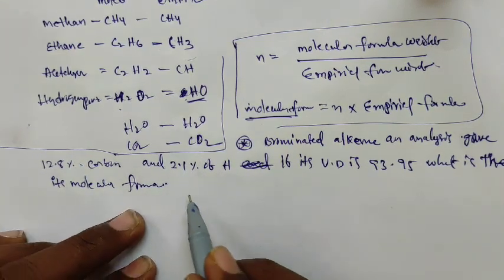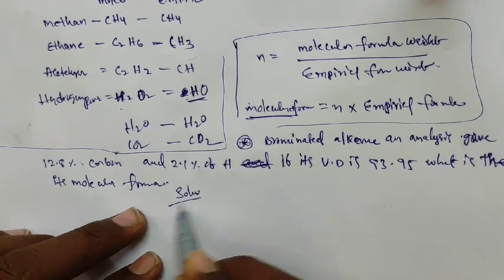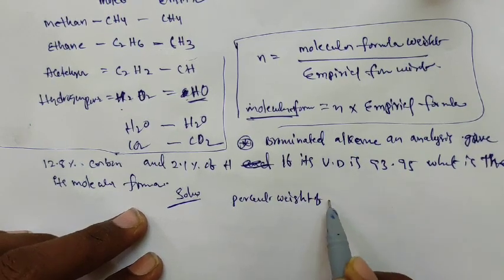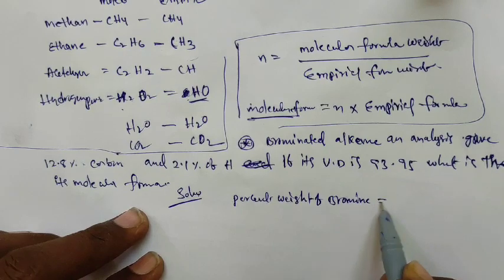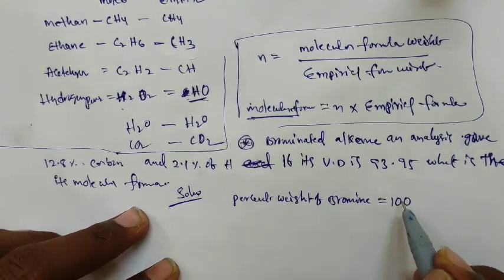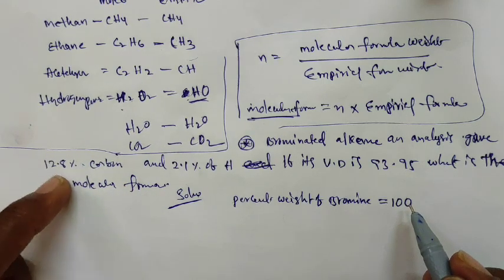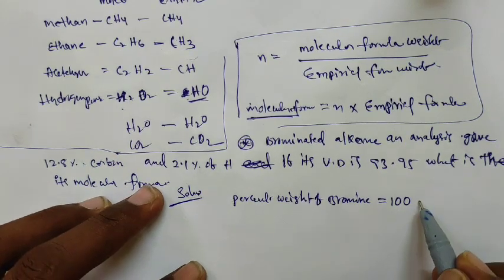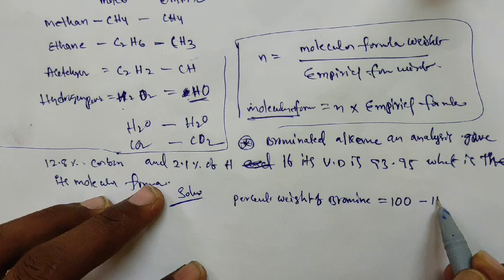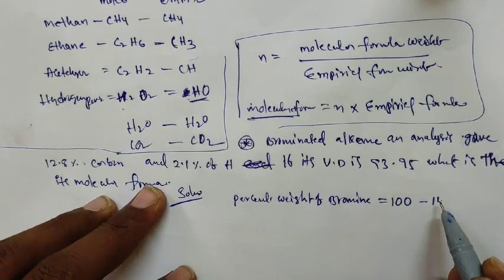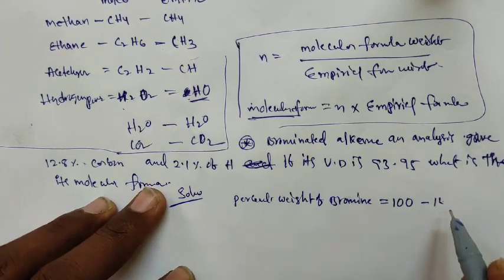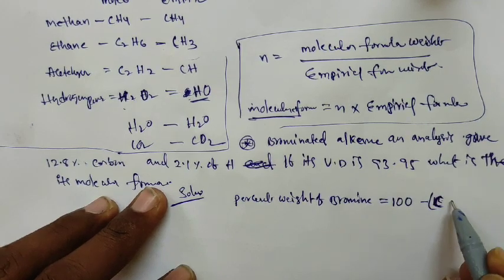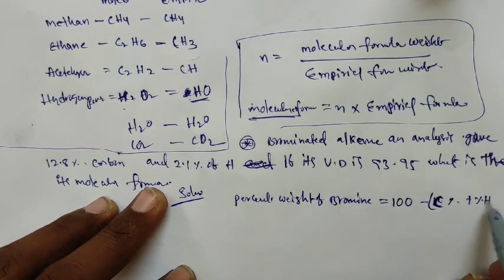So the percent weight of bromine is 100 minus the carbon percentage plus the hydrogen percentage.